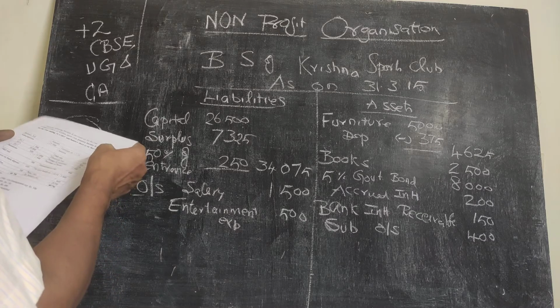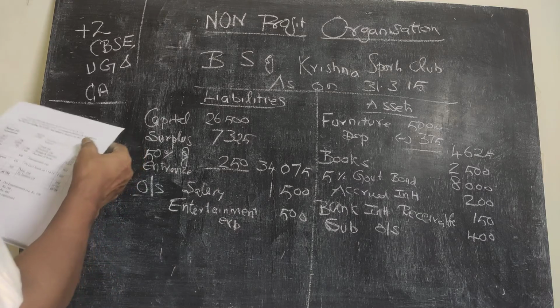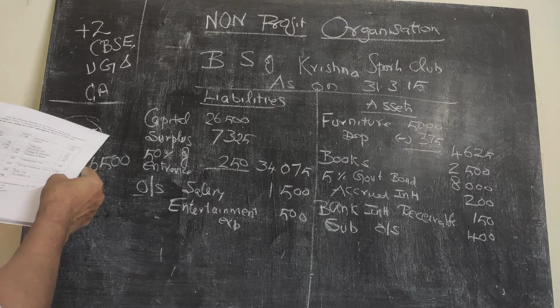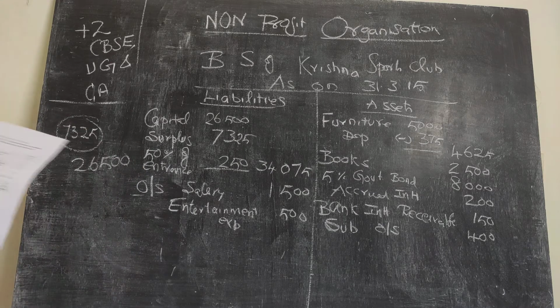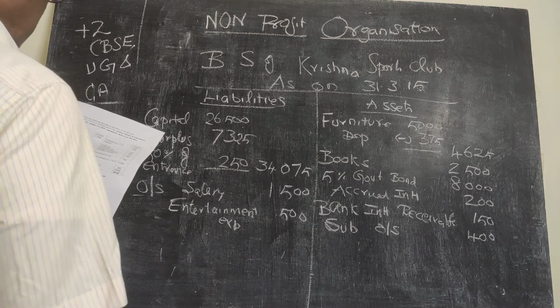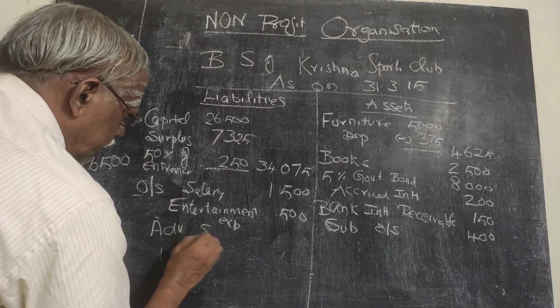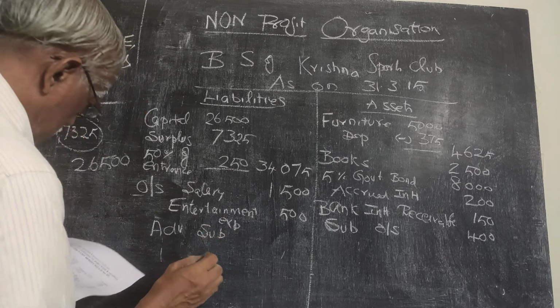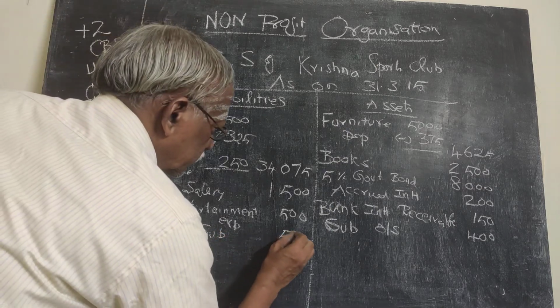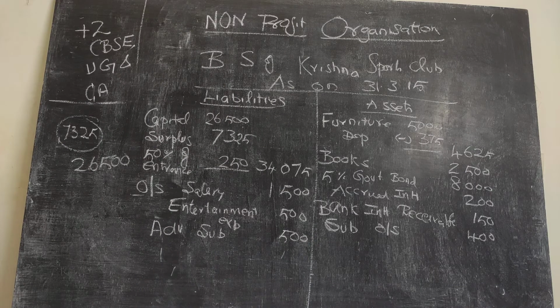I hope that I have taken everything. Donations, hall rent, interest on bank deposits, entrance fee, and 2015 subscription we have received. For the next year we have received now itself. So advance subscription received 500 rupees. Now I hope that I have taken everything. It must tally.